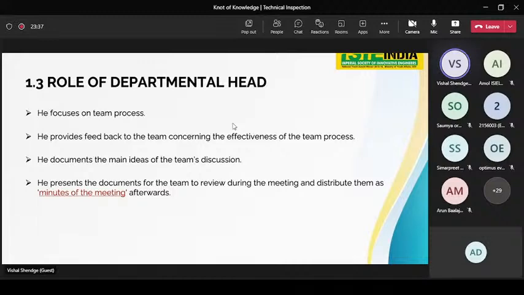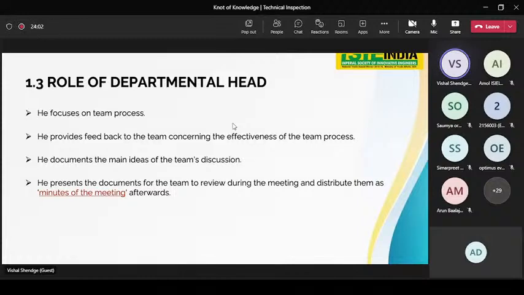Departmental head focuses on team process. He provides feedback to the team concerning the effectiveness of the team process. He documents the main ideas of the team discussion. He presents the documents for the team to review during the meeting and distributes them as minutes of meeting afterwards.